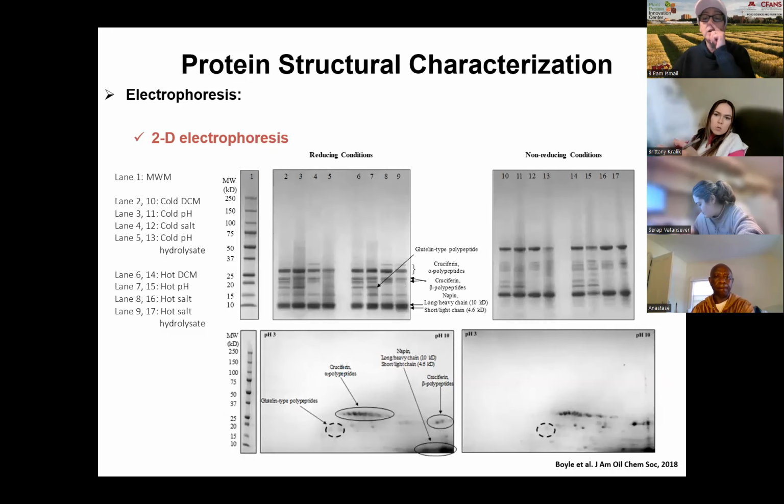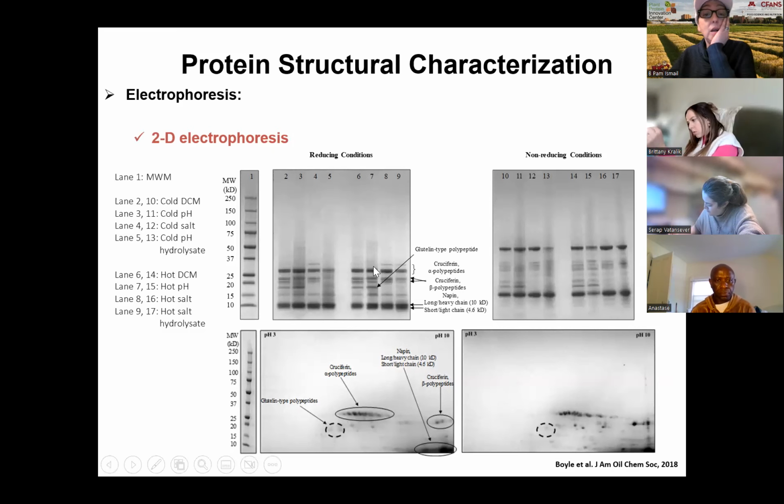This is another characterization work we've done with camelina protein. You run your camelina protein on a gel, and then you see all of these different bands, 1, 2, 3, 4, 5, 6, 7, potentially.